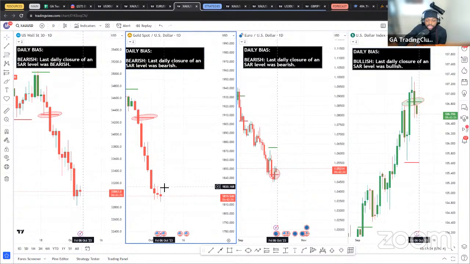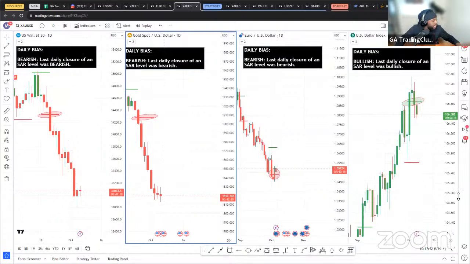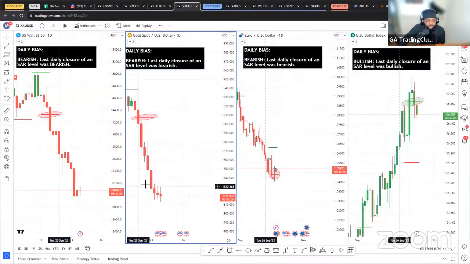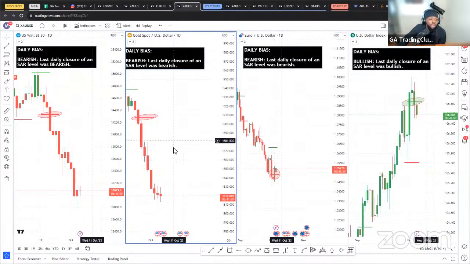So tomorrow, if they pump up US 30 or gold, we might get a live buy SAR, and maybe next week my bias will shift from bearish to bullish. I might also have to step away and end the live session soon because I forgot I had something else to attend to. But anyway, tomorrow during NFP, they might form that daily live buy SAR, or tomorrow is when they continue the flash down.